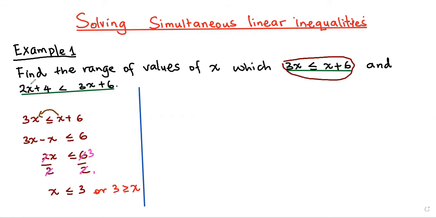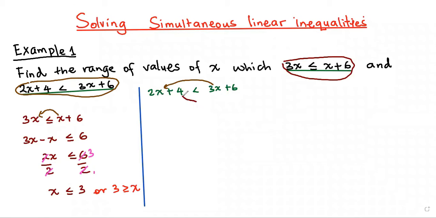So let's solve this inequality. So we are having 2x plus 4 is less than 3x plus 6. So we are going to bring this 3x to come this side, and then we will take 4 to go this side.